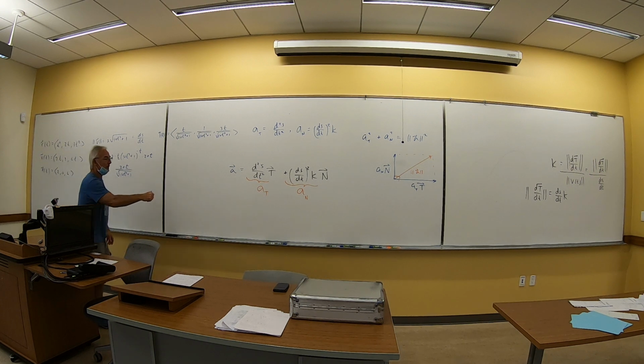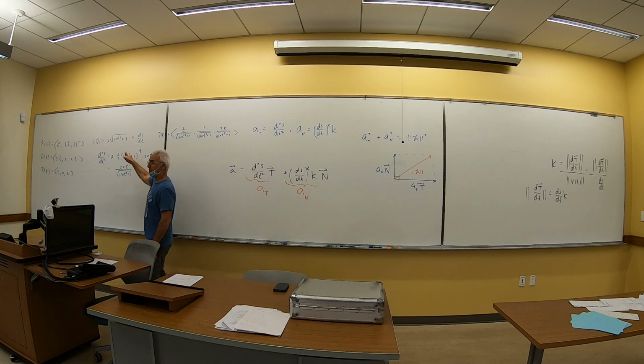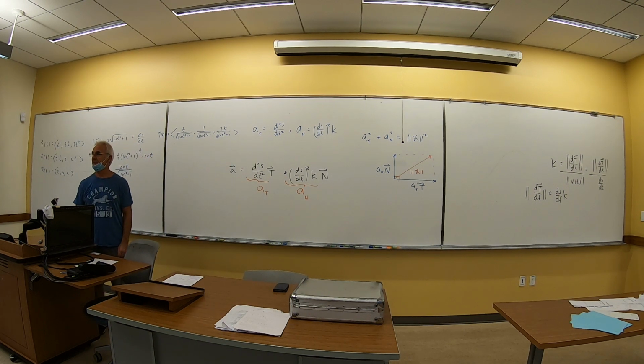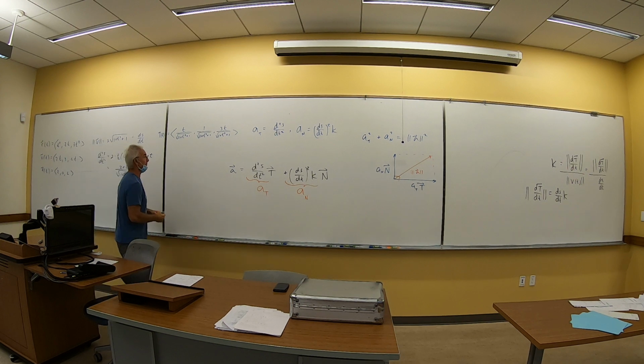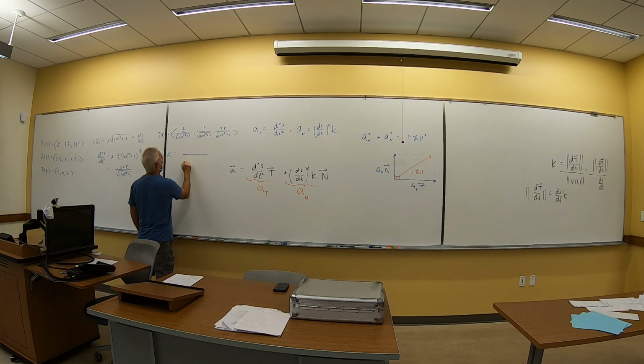Now, I've already got the dsdt. That's right here. Did we find curvature last day for this problem? Yes, we did. Let's save some time. For this problem here, what was the curvature? In function form, it was something truly diabolical, I believe, right?